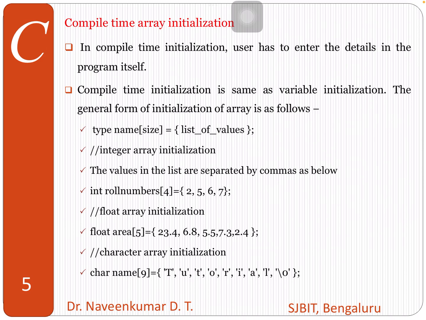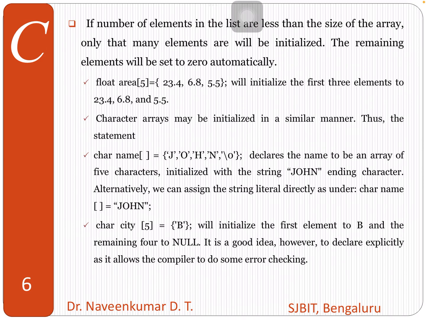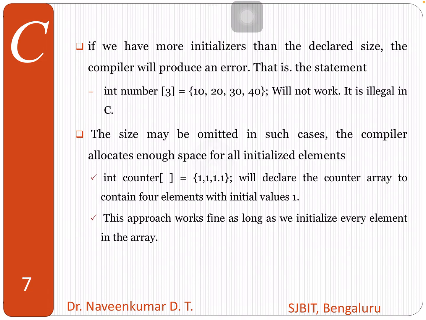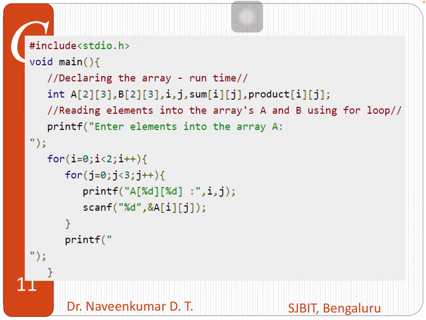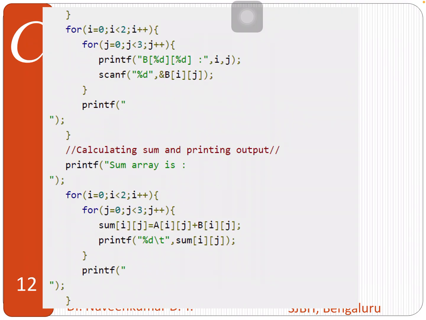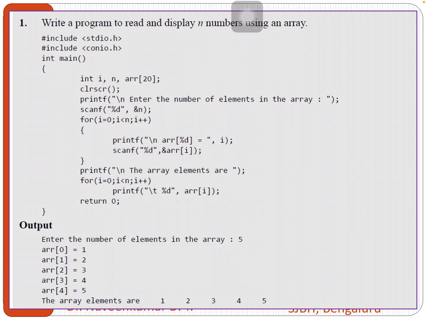Whereas in compile time initialization, before we press the run button, we need to enter the values of the array. We will discuss this in detail in the next video, compile time array initialization and runtime array initialization, along with some examples.